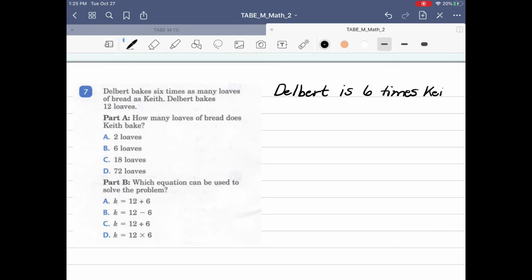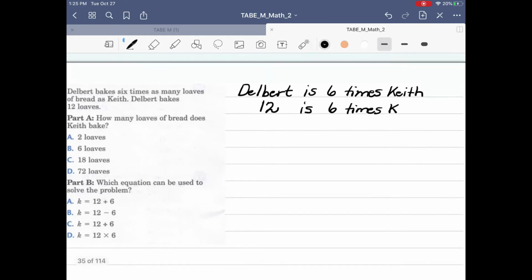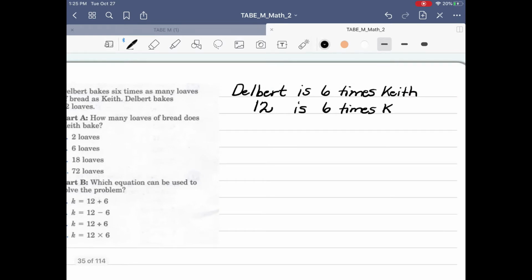And they tell me that Delbert bakes 12. So 12 is 6 times Keith. And we don't know Keith, so I'm going to let that be a K. So we have 12 equals 6K.